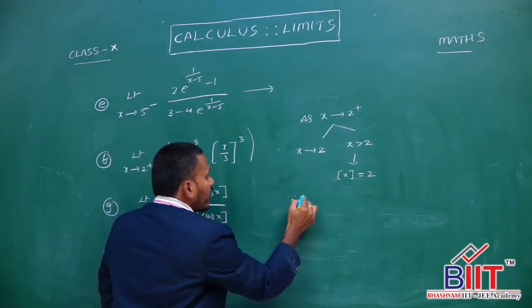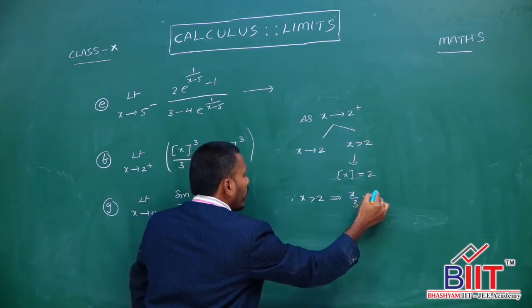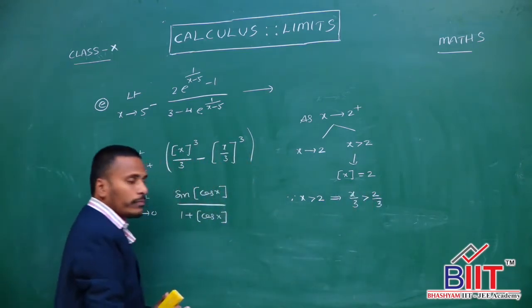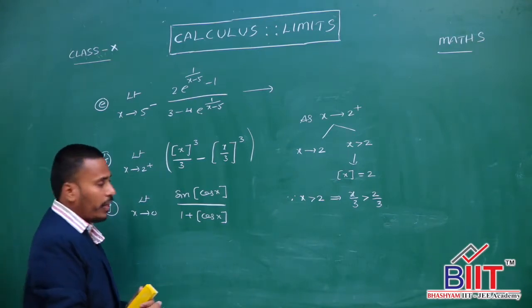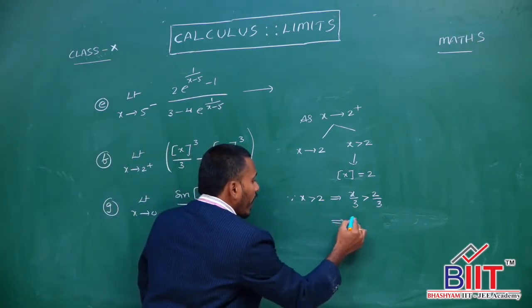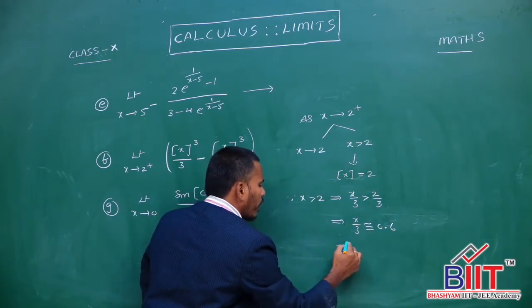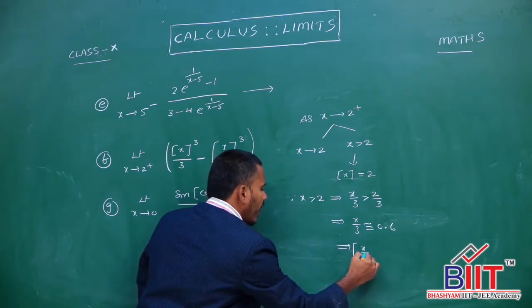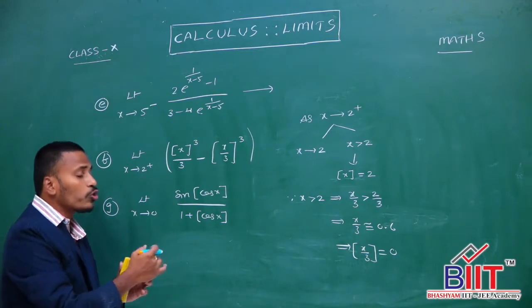Since x is greater than 2, what can we say about x by 3? X by 3 is also greater than 2 by 3. 2 by 3 means approximately 0.6 something. So, x by 3 value is approximately 0.6 something, and when you calculate its step, step x by 3 is 0, because x by 3 is nearer to 0.6.